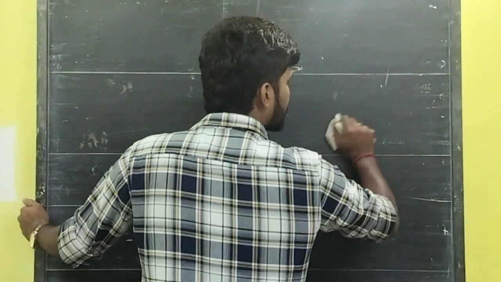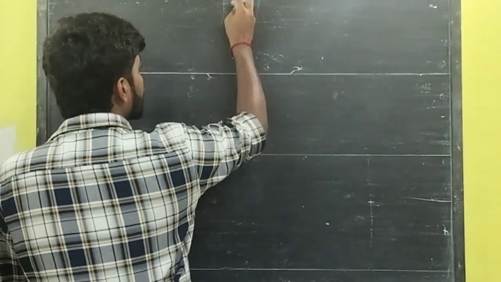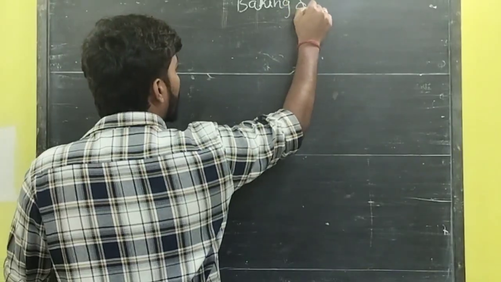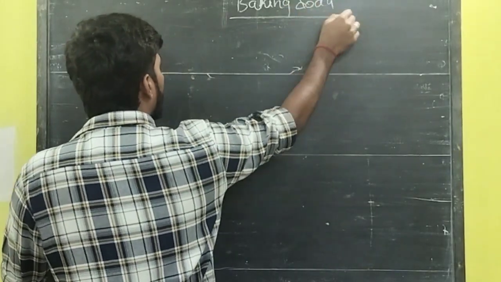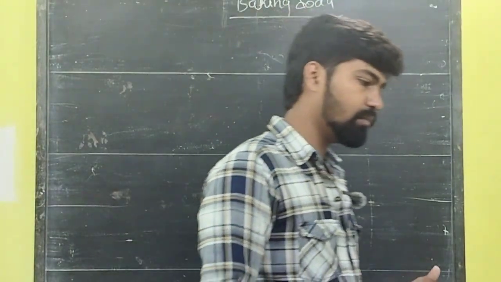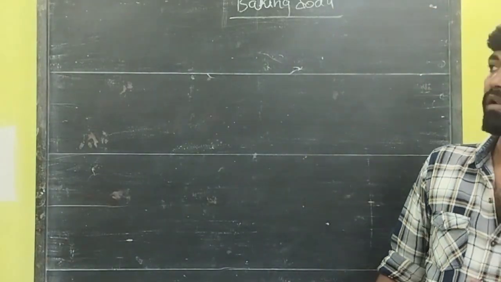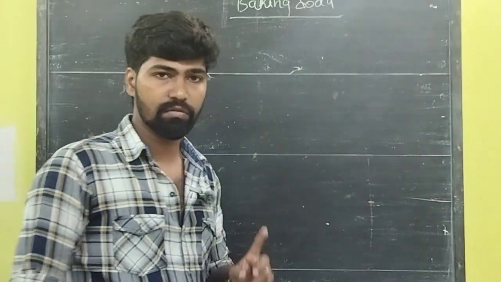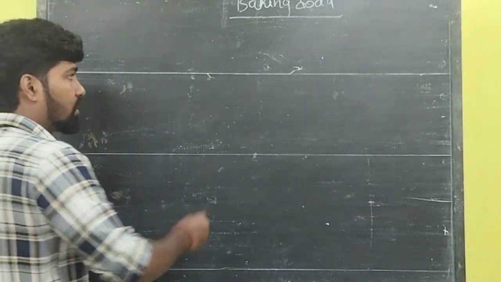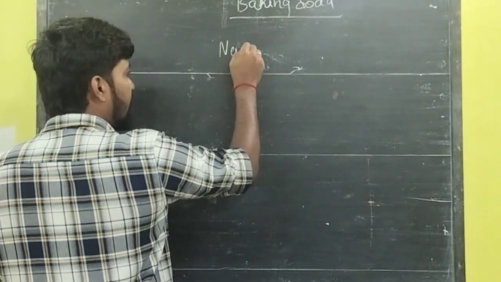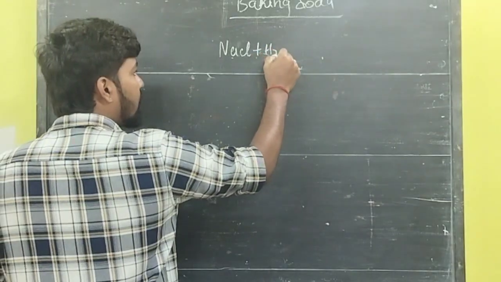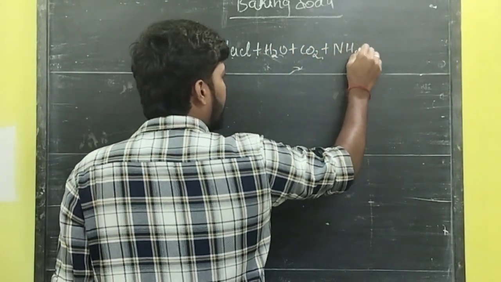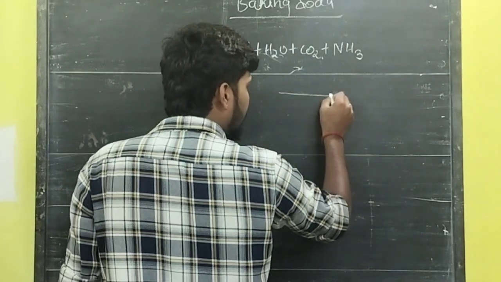Then the next thing is also very important, that is baking soda. You know it, we most of the time use it in our kitchens to prepare crispy and tasty food. Now how do we get this? You take NaCl, treat it with water, carbon dioxide and ammonia.